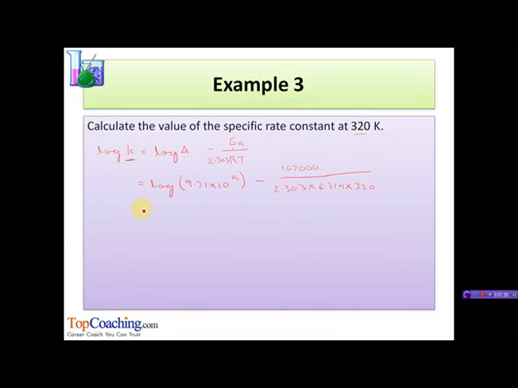On making these calculations, we find that log K is equal to minus 2.507, or K is equal to 3.11 into 10 raised to minus 3 liter per mole per second. So this is the value of rate constant and our final answer as well.